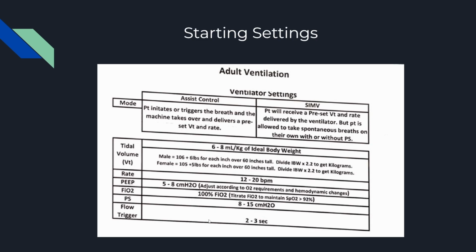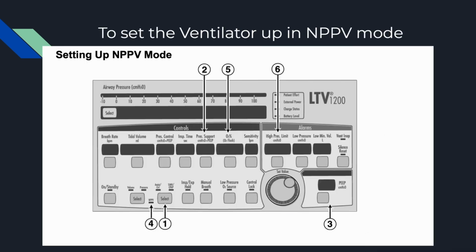Okay, and then for your flow trigger, this is not a setting that's actually readily available on ours. So yeah, and then set your, as we talked about if I can go back a screen, set your sensitivity here. I think that's what he's talking about with flow trigger, usually at 2 to 3. Okay.